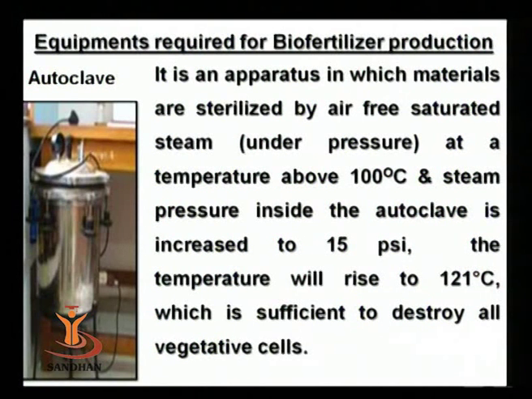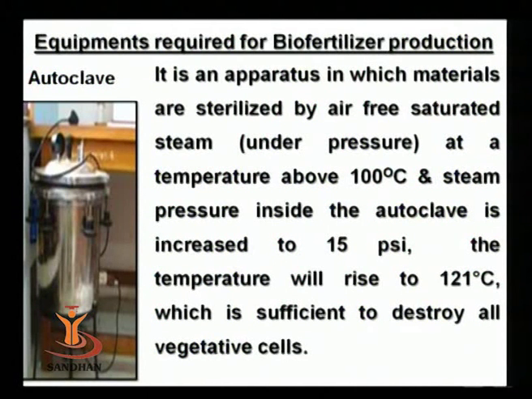Now, the principle behind the functioning of the autoclave is steam under pressure. As you know, the boiling point of water is 100 degrees. So whenever we just boil water, it will give a temperature up to 100 degrees, but if we produce steam and this steam is packed in a specific vessel, it will generate pressure.